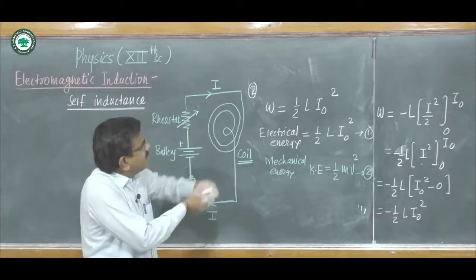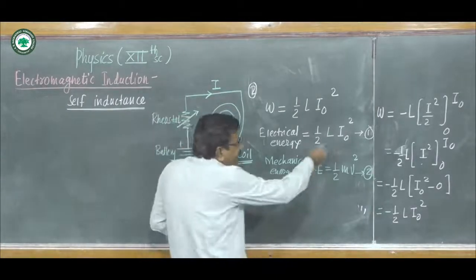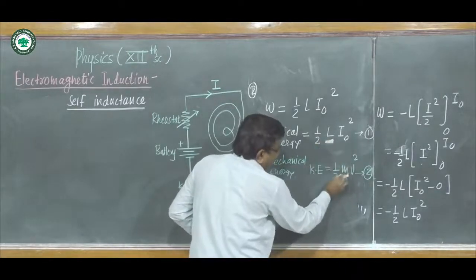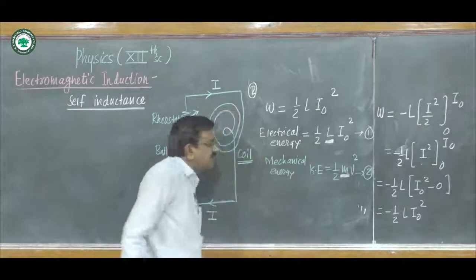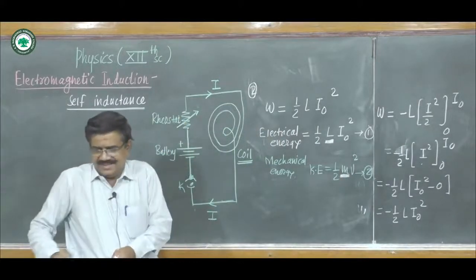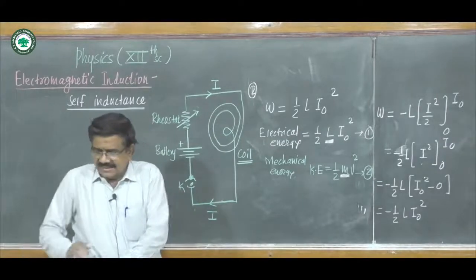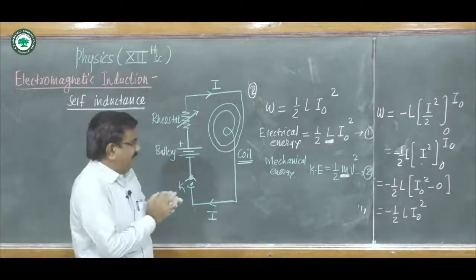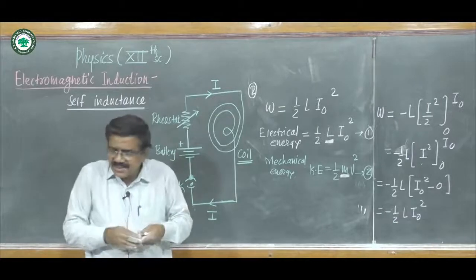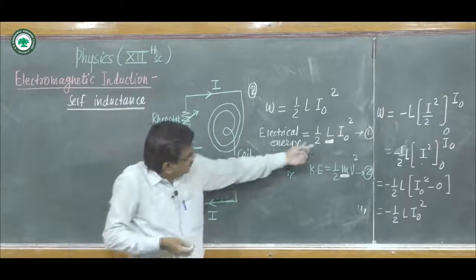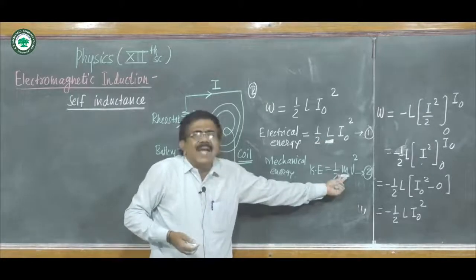If we compare these equations, this self inductance is analogous to mass. Mass represents the inertia in mechanics, and this inductance plays the same role as that of the mass.